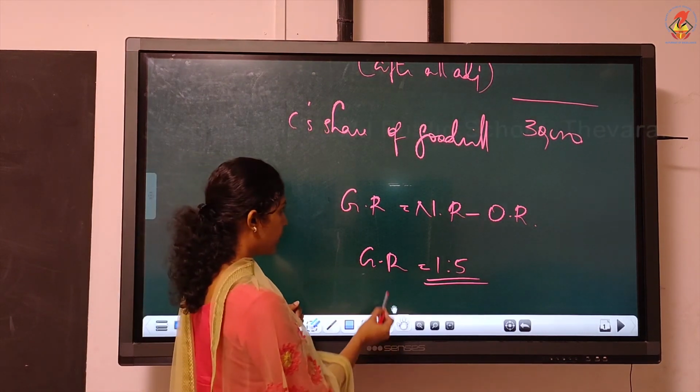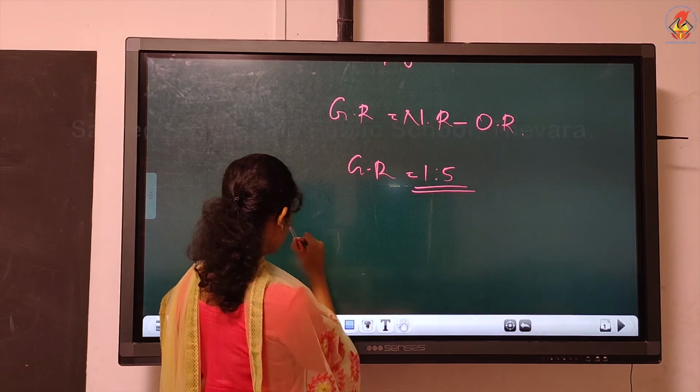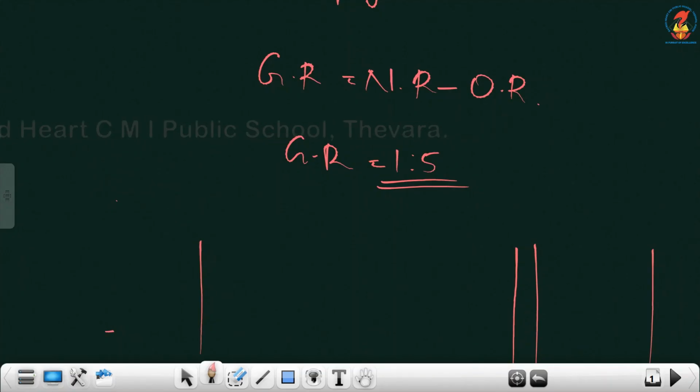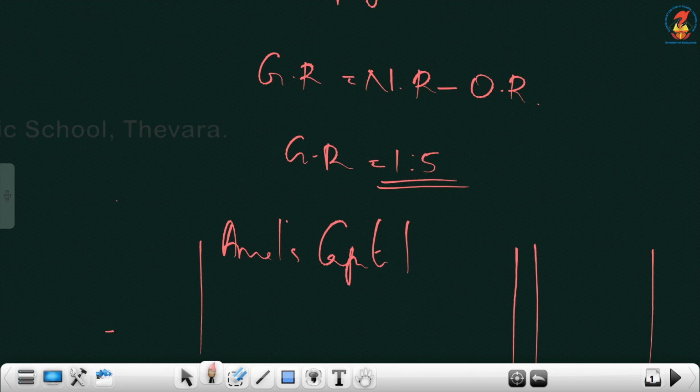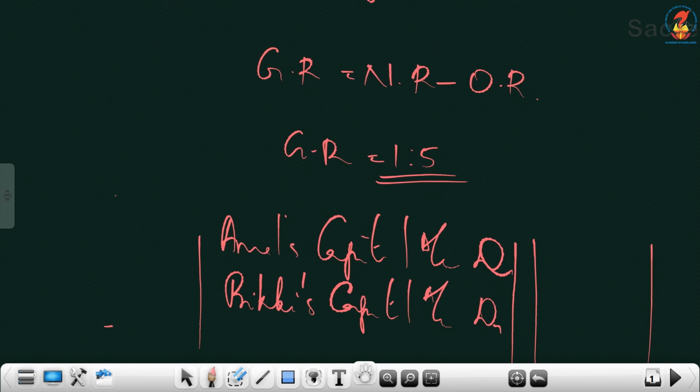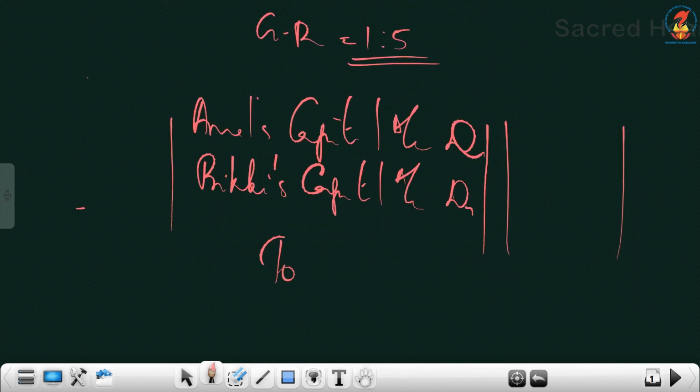Now you can write the journal entry, draw the format. Only one entry we will be having. And the gaining partners here are Amal and Vicky. So you write Amal's capital account debit, Vicky's capital account debit, to Chandu's capital account.